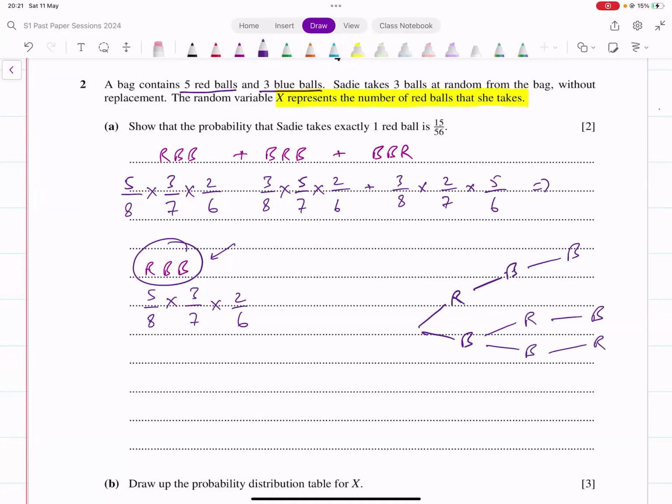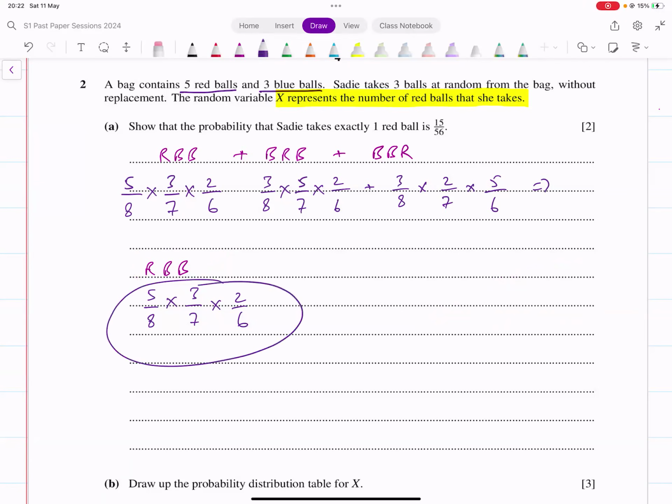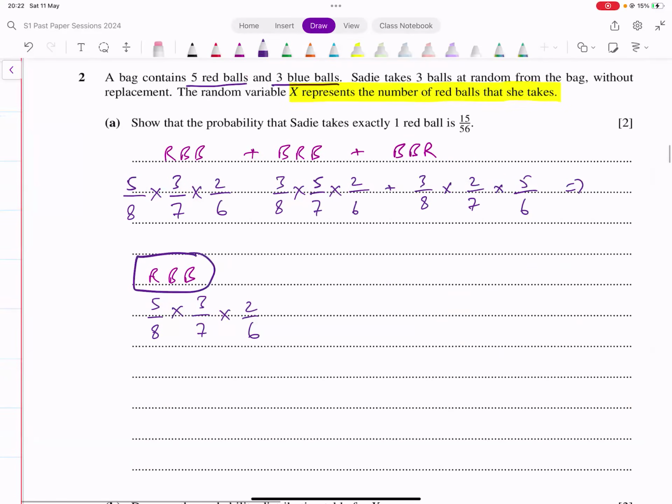Right? There are 3 cases that will be there on the tree diagram. Of course, this is not the complete tree diagram, but these will be 3 parts that are giving you the same probability. So the way to do such problems is you just find the probability for one such case, and then you think about in how many parts on the tree diagram that you can find for this. We listed those parts up there.